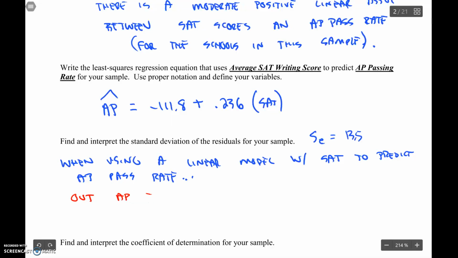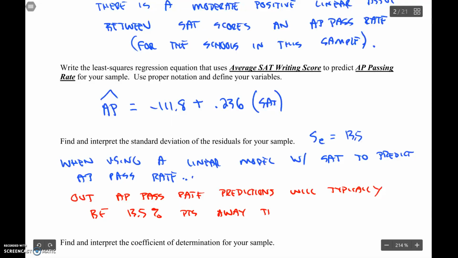Our AP pass rate predictions will typically be 13.5 percentage points away from the true AP pass rate of the school.